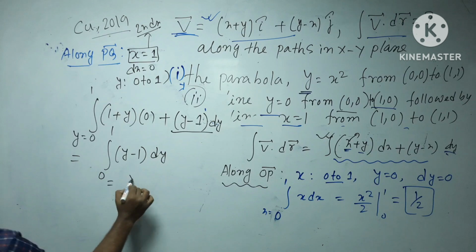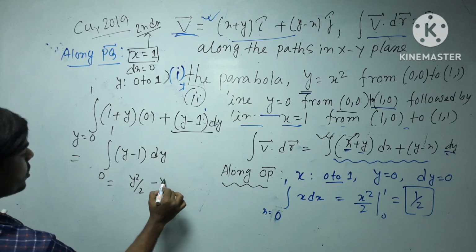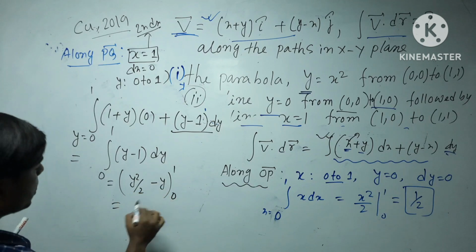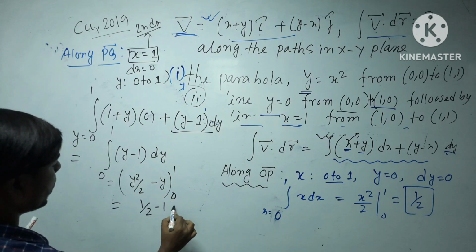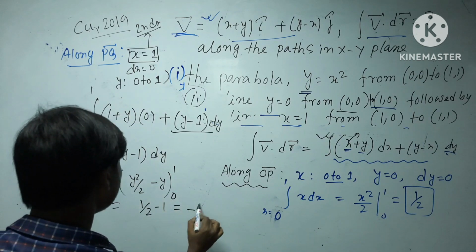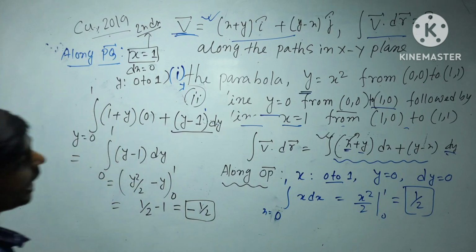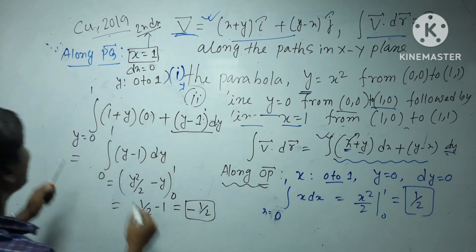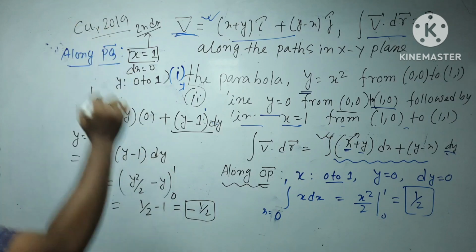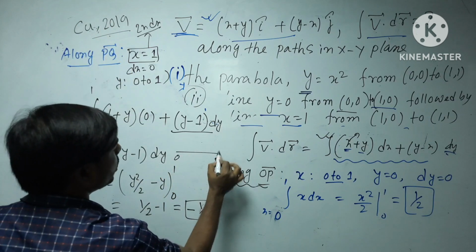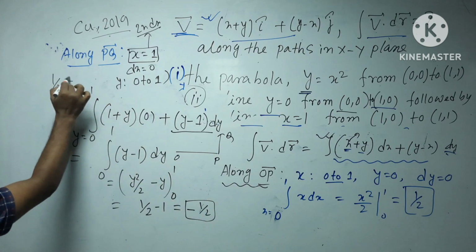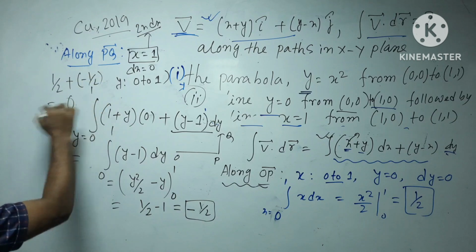So it is y square by 2 minus y from 0 to 1. So y square by 2 means half minus 1, কারণ 0 বসালে সেকেন্ড 0 হয়ে যাবে, so it is minus half. So along the path OP it is plus half, along the path PQ it is minus half. So what is the total integration throughout OP to PQ? The total integration is half plus minus half, so this is 0.